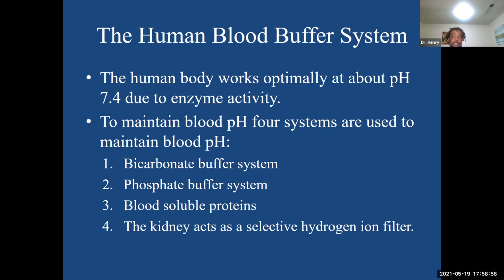And lastly, we have the kidney, which is actively filtering the blood to make sure that we maintain a consistent pH. If our pH is off, it can cause serious damage to the inside of us, major heartburn, kidney failure. So we have to try to maintain that 7.4 pH. This is essentially how it does it: it sets up that equilibrium. Are you guys clear on that? You get it?